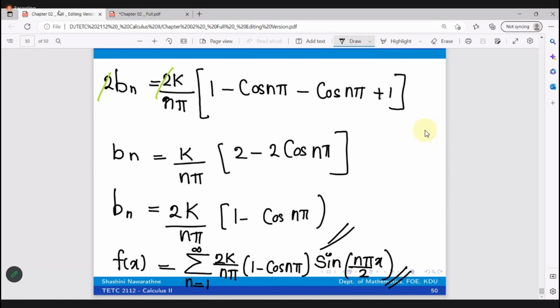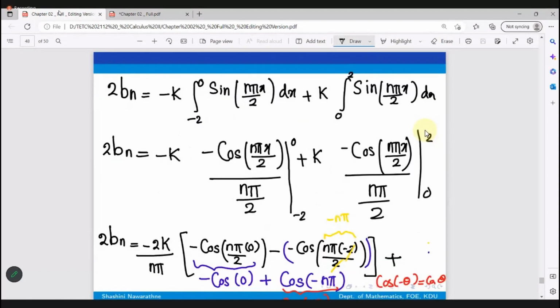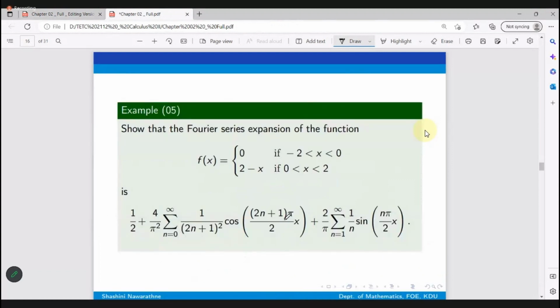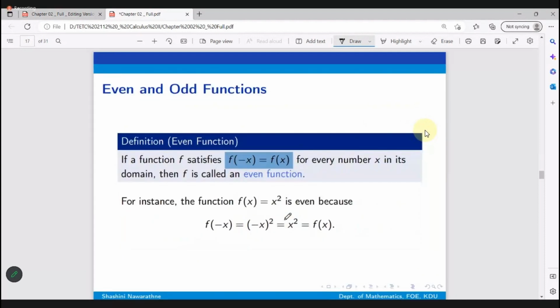I will share the things that I have noted down within the class by LMS today. Okay, so we have to discuss one more topic: odd and even functions.